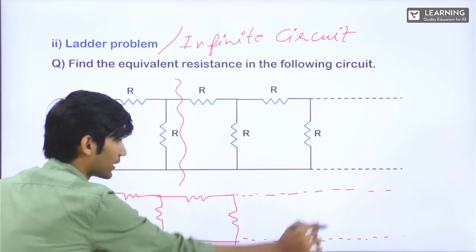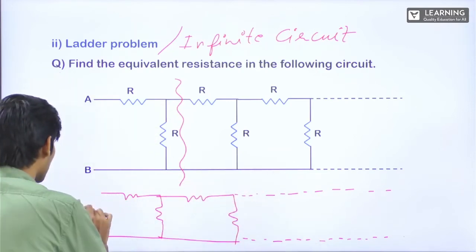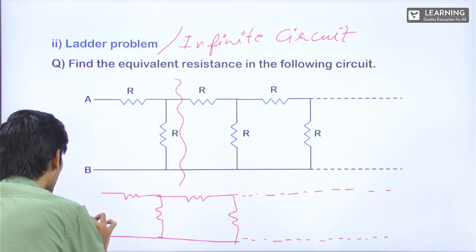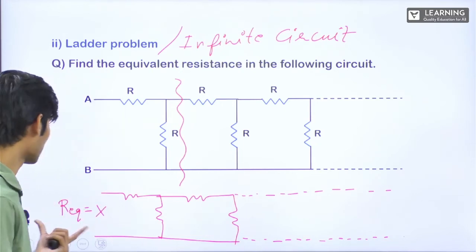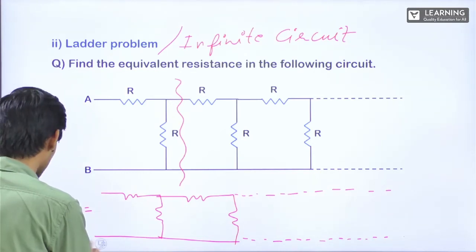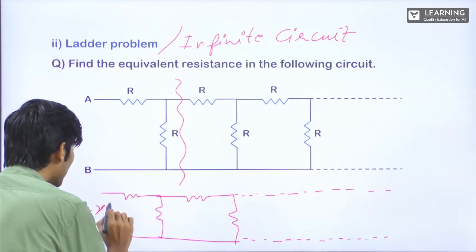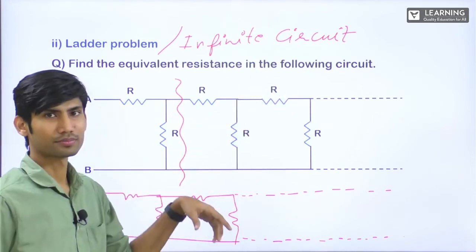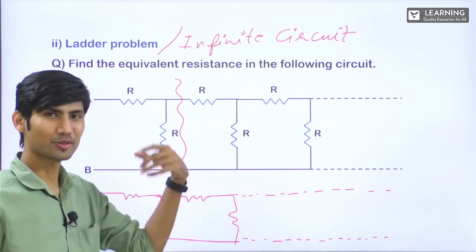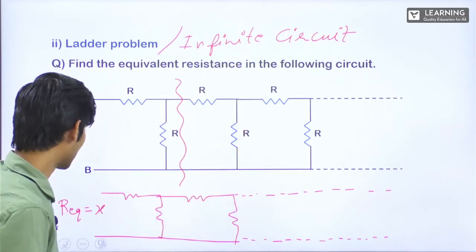Let's say the resistance of this particular circuit is R equivalent, or let's say that is small x for now. Why am I writing it as x? Later on I'll tell. Once you see that equation, then you'll understand why I am writing x.